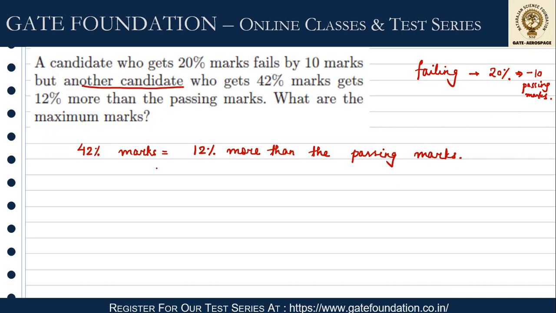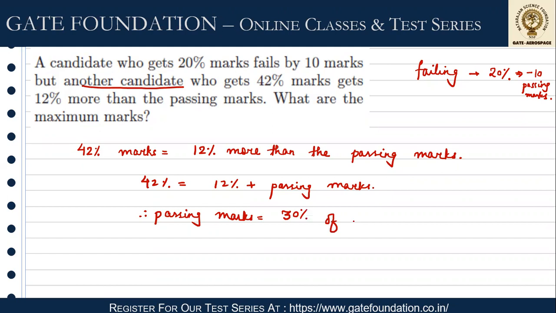Or I can say simply, 42% is 12% plus passing marks. Or if I take this on the other side, the sign will change: 42 minus 12. So I get passing marks as 30% of the total or maximum marks.